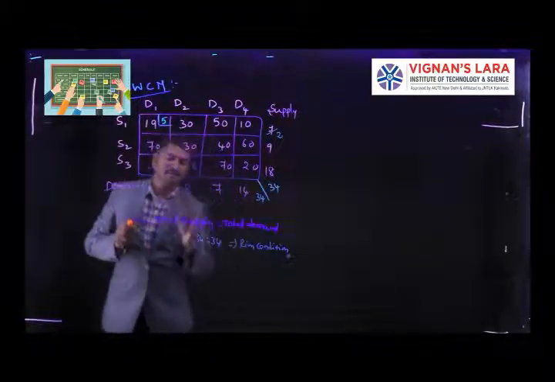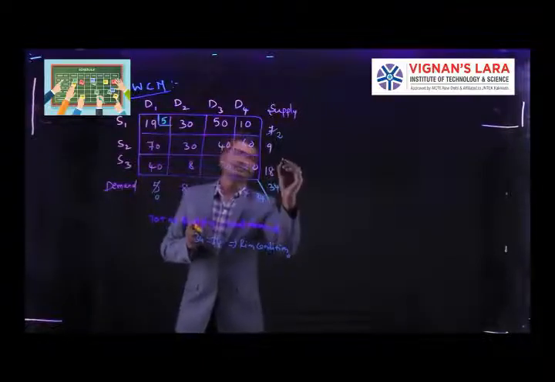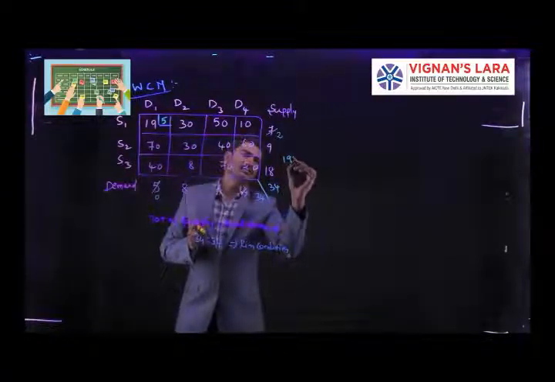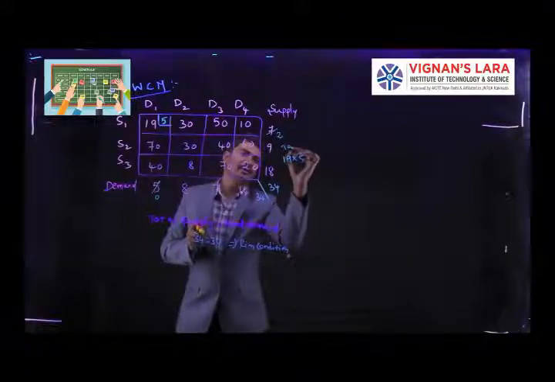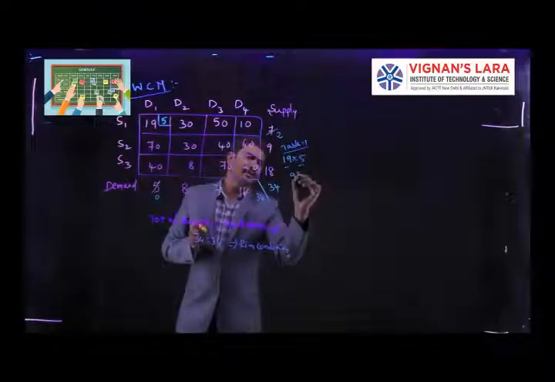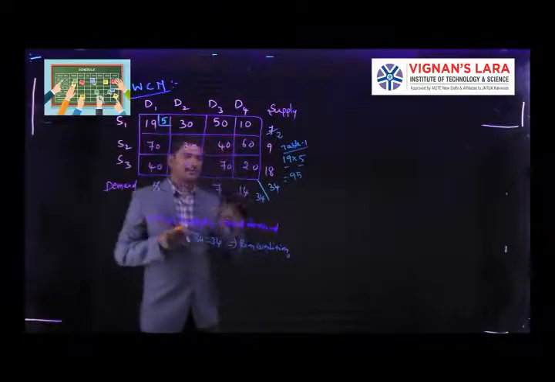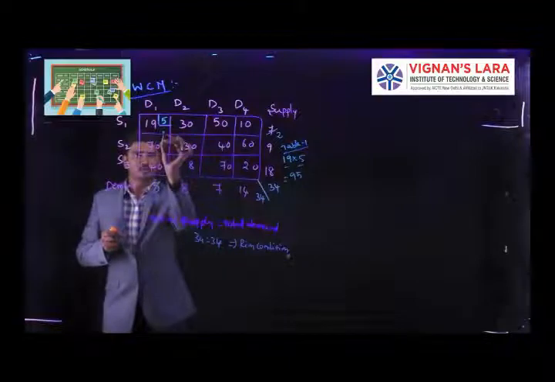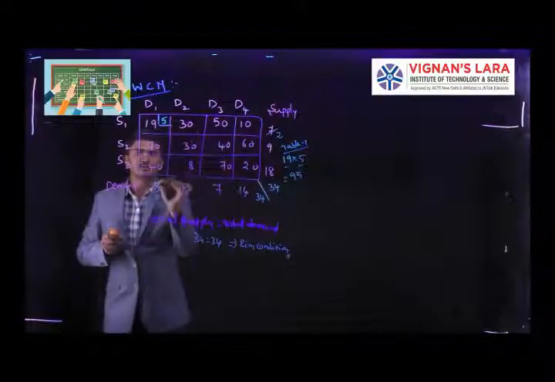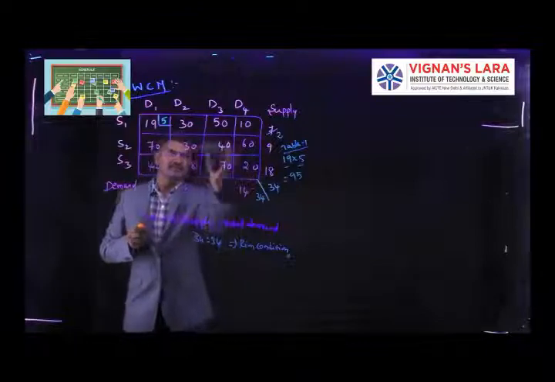From this, the cost is 19 into 5, which is 95, from the first table. Next, for further iterations, we have to remove this particular column, and then we allocate values in the remaining cells only.